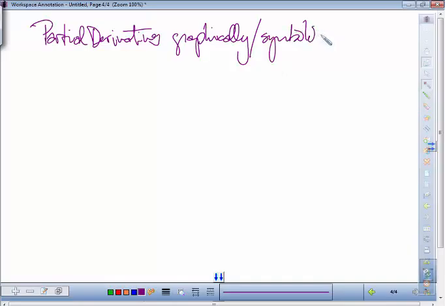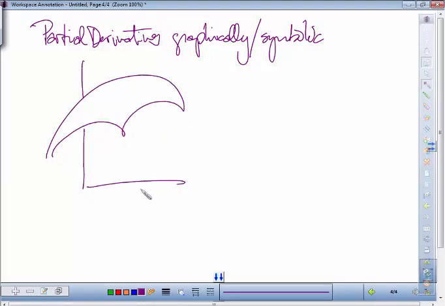And as we take a look at the graph, we'll also take a look at the symbols that are involved here. All right. Let's get our surface. And let's label our surface. Z is equal to f of xy. Find a point down on the xy plane.